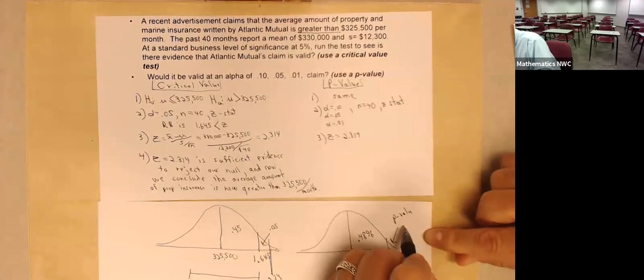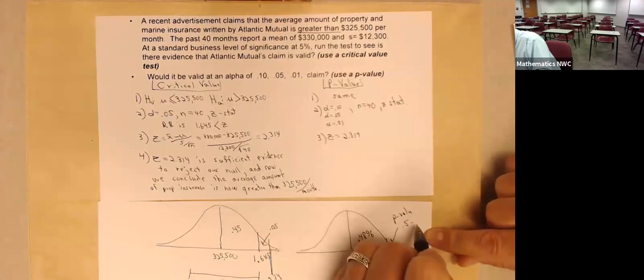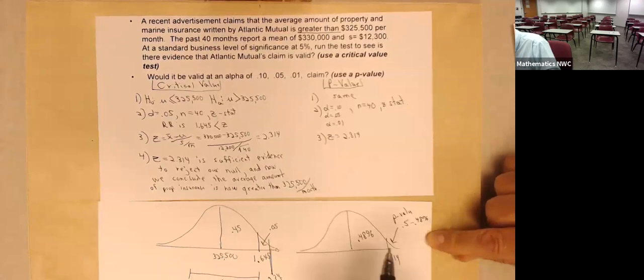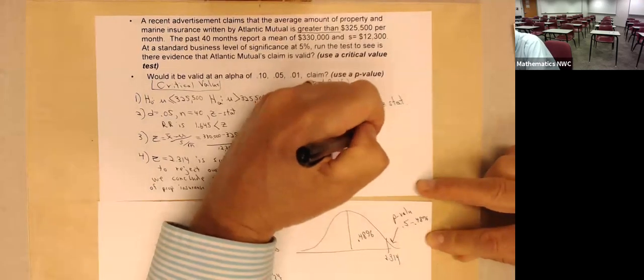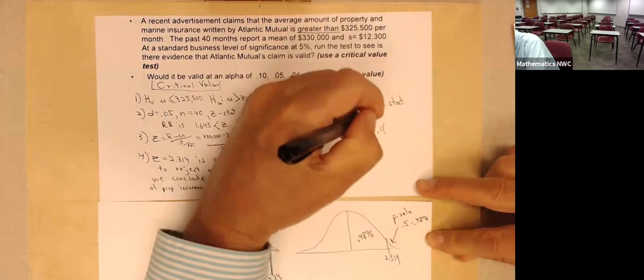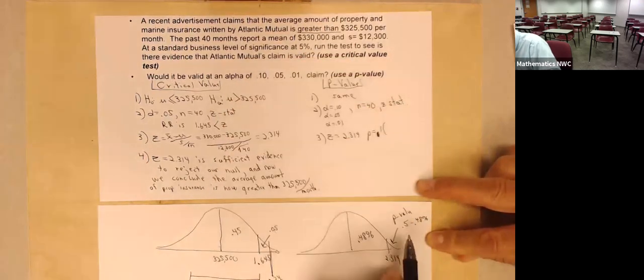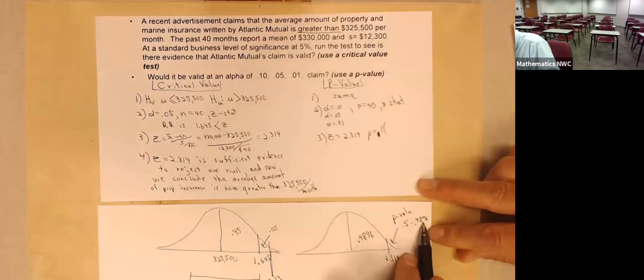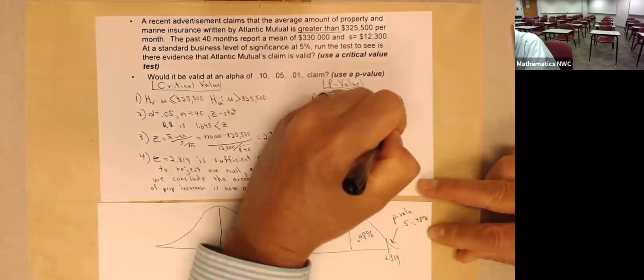This p-value is 0.5 minus the 4896. It's only on one tail, so my p is going to be 1 times 0.5 minus 4896.